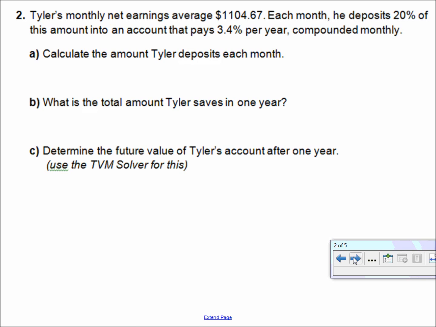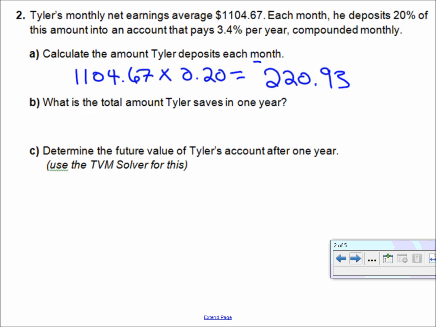So we're going to take his monthly earnings and times it by 0.20 to calculate the 20%. So he is depositing $220.93 each month. I'll put per month.